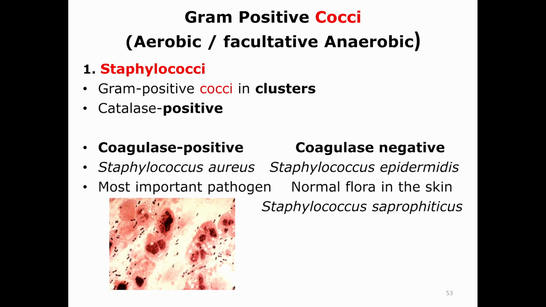Examples of coagulase positive bacteria, we have Staphylococcus aureus, and this is the most important pathogen. Examples of coagulase negative Staphylococcus, we have Staphylococcus epidermidis, which we may find as normal flora in the skin, and also Staphylococcus saprophyticus.